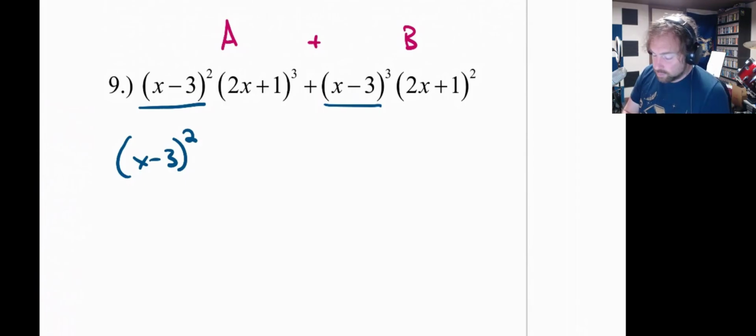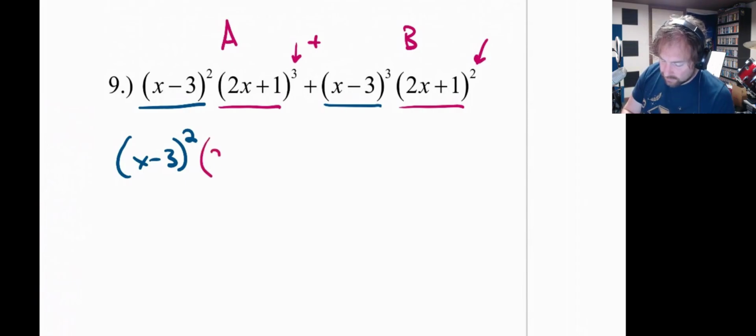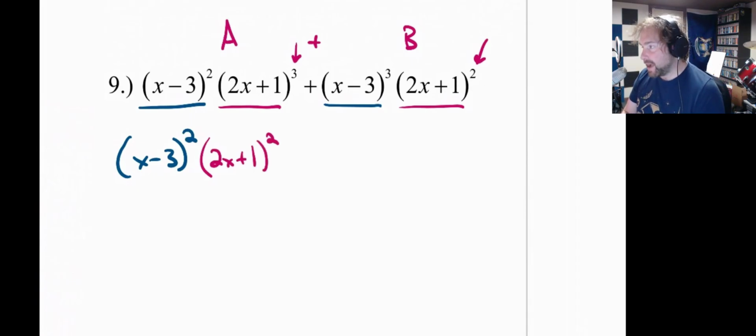They also both have at least 2 2x plus 1's. B has 2 of them, A has 3 of them, but they both have at least 2. So they also have 2x plus 1 squared. So we are going to factor out x minus 3 squared times 2x plus 1 squared. That is the greatest common factor of this current expression.